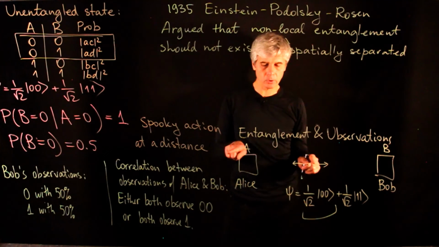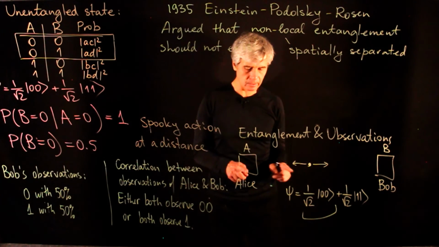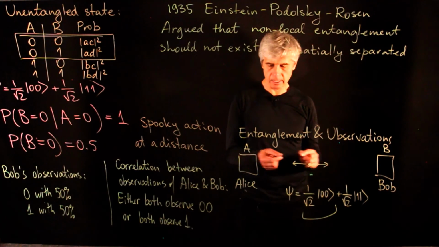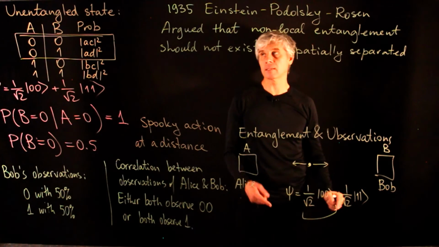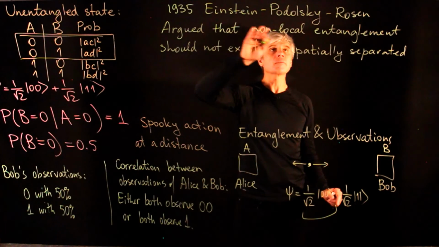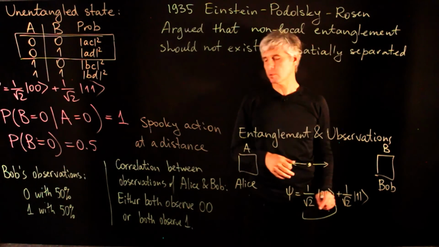So that one photon flies to the left, another photon flies to the right, and so we have two particles that are far away from each other, yet they are entangled. And so Einstein, Podolsky, and Rosen argued that this should not be happening.